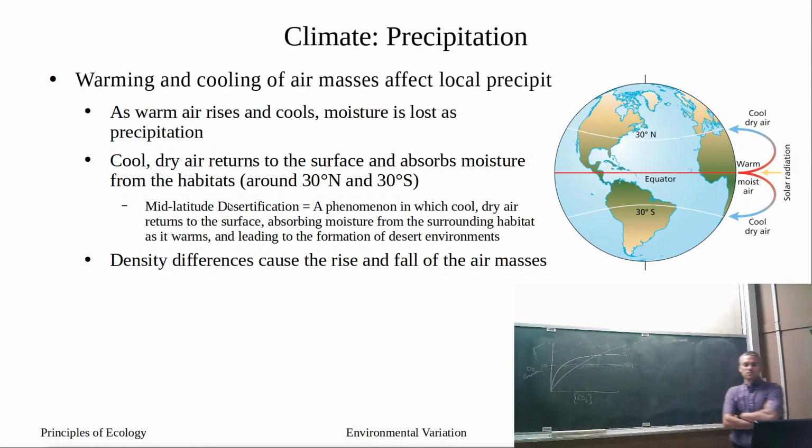So that's temperature. What about precipitation? Precipitation is affected by the warming and cooling of air masses and their proximity to bodies of water. We see a lot of rain right near the equator, as long as the air has moisture in it.